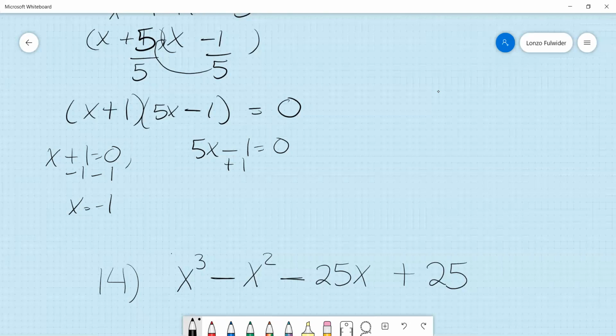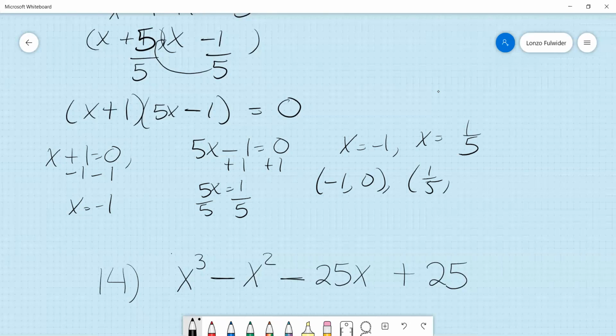And over here, you're going to add 1, you get 5x equals 1, divided by 5. So your 2 x values are x equals -1 and x equals +1/5. And if you want it in coordinate form, it would be (-1, 0) and (1/5, 0). Either way is correct.